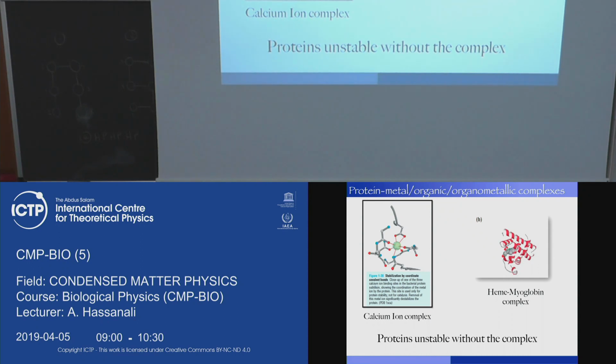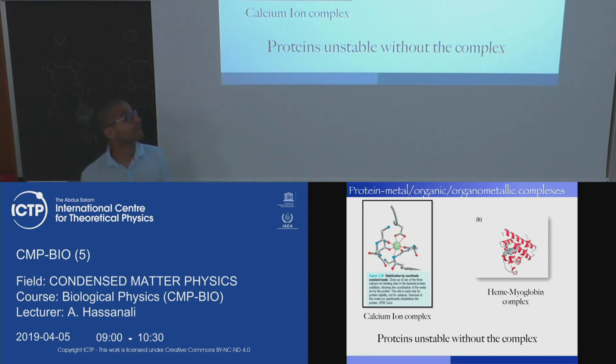Before it adopts this type of architecture, these groups would be far away from each other. But by putting in a calcium ion, you're able to bring lots of negative charge close to each other. This is one of the things that makes biology very interesting, but also rather challenging, because of the standard rules that we learn in physics, which is that like charges will repel each other.